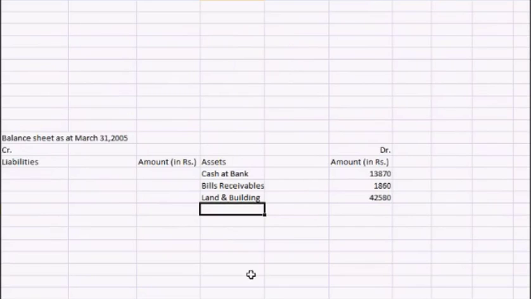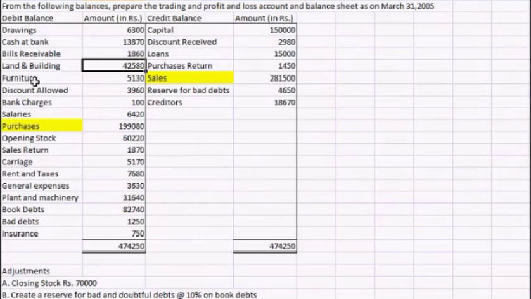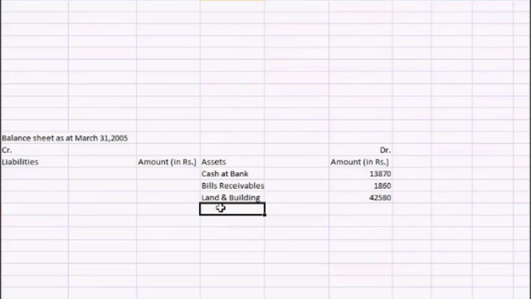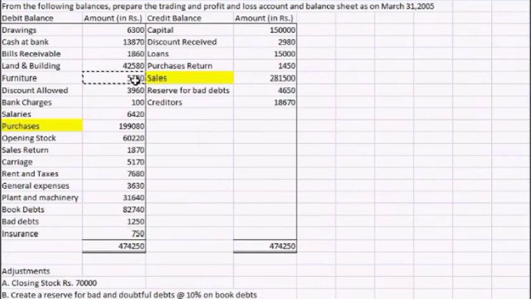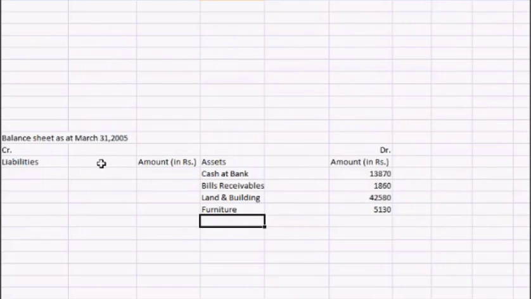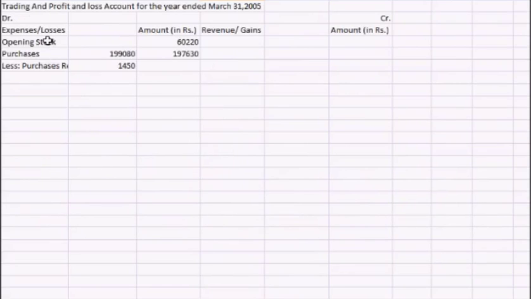Okay, next we have here is furniture. Again, it is an asset, so we'll add furniture. We'll take the amount. Then we come to the next account, that is discount allowed. So what should we do about discount allowed? Any discount allowed is a kind of expense, so we'll incorporate that in expense part of profit and loss account.